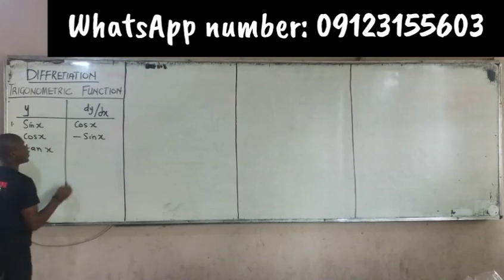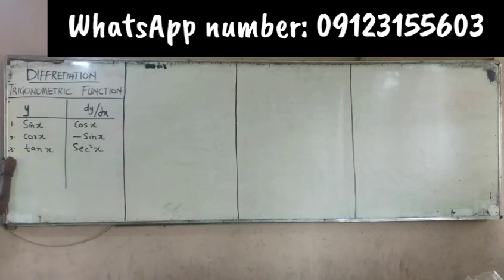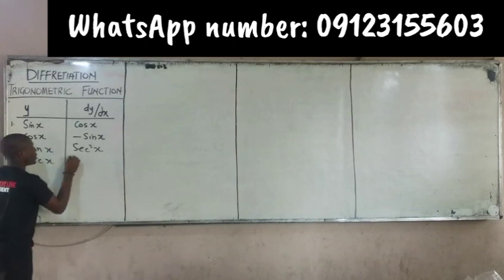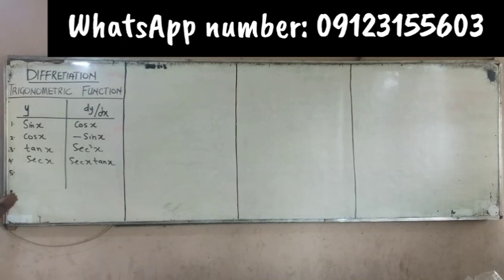The dy by dx is what? Sec squared x. Number 4, let's say I'm given that y is equal to sec x. The dy by dx is what? Sec x tan x. Number 5, let's say I'm given that y is equal to cot x.